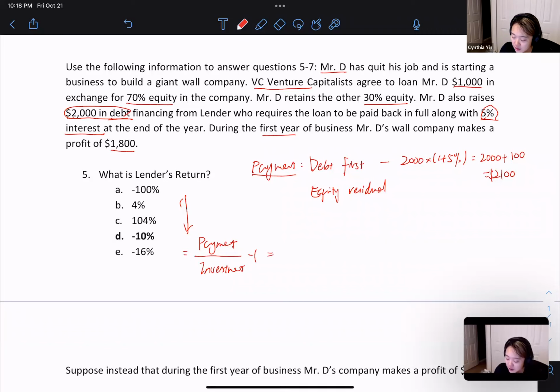What is the payment he gets? Because Mr. D only has $1,800, he can only get $1,800. What's the initial investment? It's 2,000, because he gave $2,000 to Mr. D. Minus 1, then the answer is negative 10%. So basically, the lender is losing money. Instead of getting a 5% interest rate, he's actually losing money.